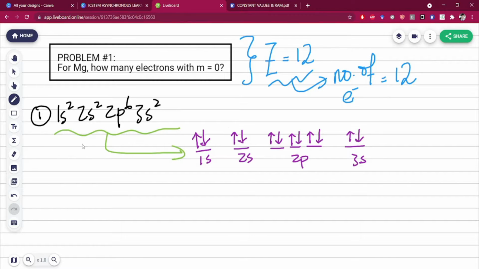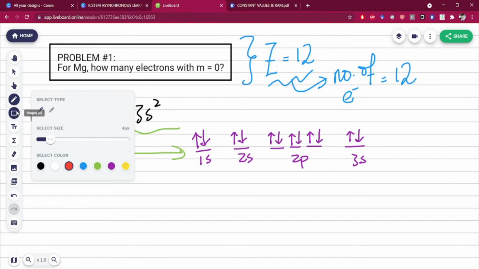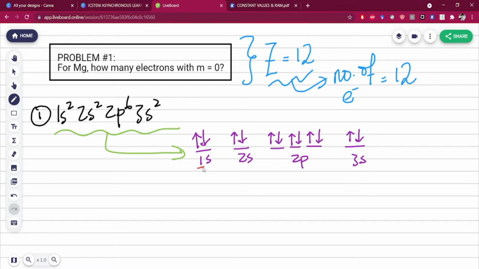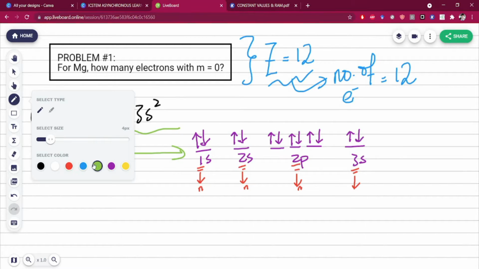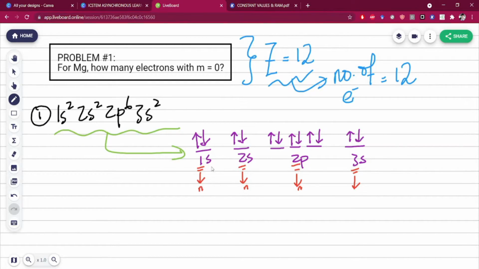Do remember that this is the quantum number for n. Those are the quantum numbers for n. And then s over here and p, those are the angular momentum quantum number, which is going to tell you the shapes of the orbital.